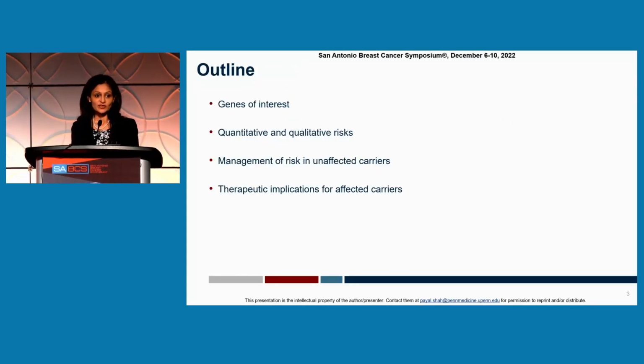I'll begin with an overview of the genetic landscape of inherited breast cancer, introducing some of the moderate risk genes that we'll focus on. I'll then move forward to discuss the quantitative and qualitative risks conferred by pathogenic variants in these genes, the management of risk in unaffected carriers, and then briefly, therapeutic implications for affected carriers.